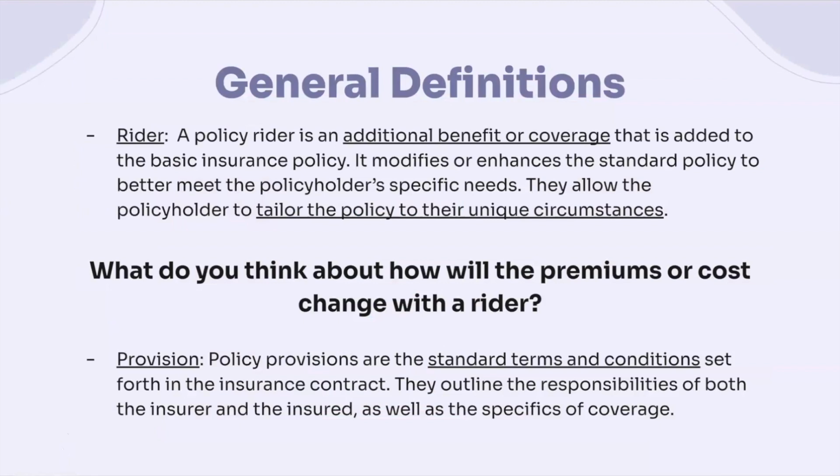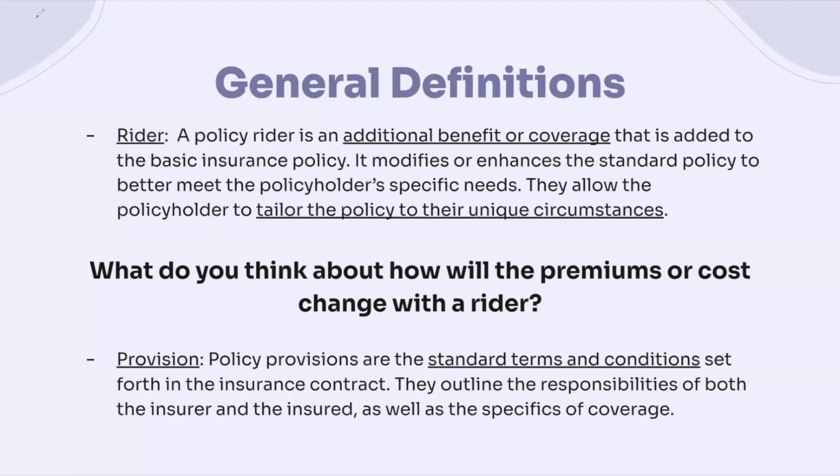And we see how with these riders, the purpose is that they tailor the policy to the policyholder's needs. So we have the cost of living rider, the guaranteed insurability rider, and the waiver of premium rider, and we'll take a look at all of that in just a moment.